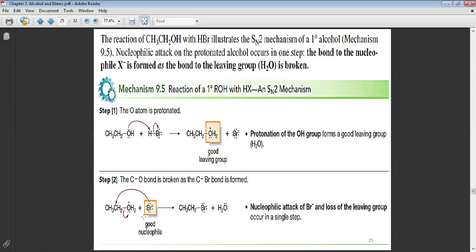We know SN2 is one step: the nucleophile attacks and the leaving group leaves, from the backside, and it gives you the product. A very easy mechanism.